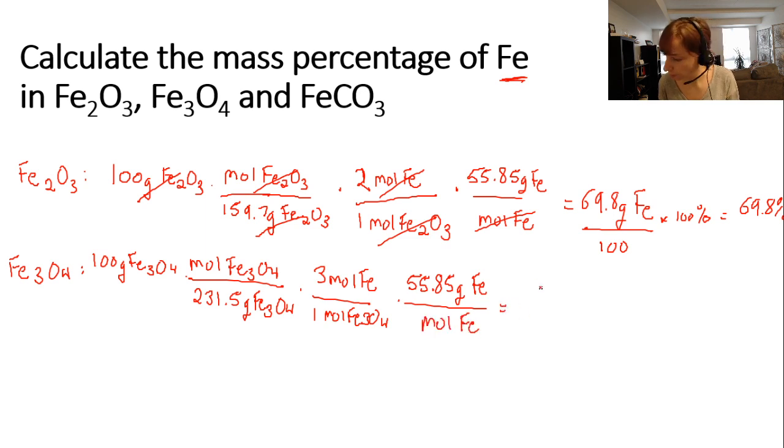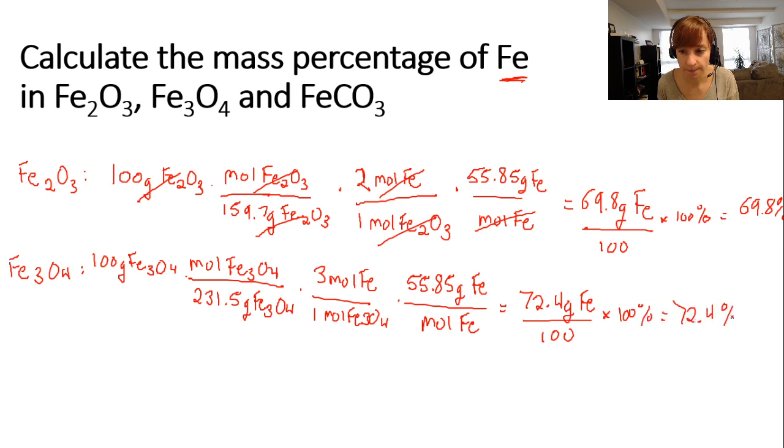And this gives you 72.4 grams of iron, which divided by 100, multiplied by 100%, gives you 72.4%. For FeCO3, do the exact same thing again.